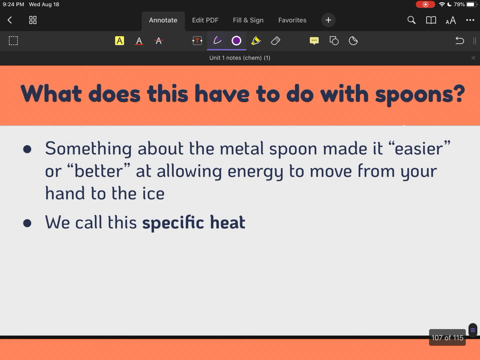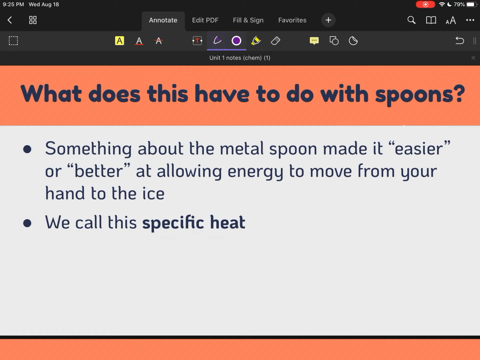So what does this have to do with spoons? Okay, so remember, you had 2 spoons, and you said you thought that the plastic spoon would actually melt the ice sooner. So you thought that the heat from your hand would travel through the plastic spoon and melt the ice quicker, when in reality that occurred with the metal spoon.